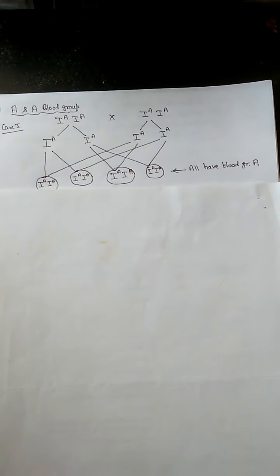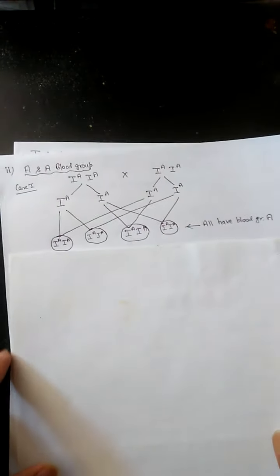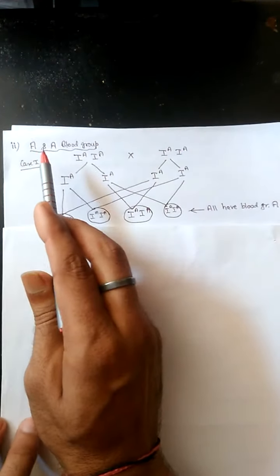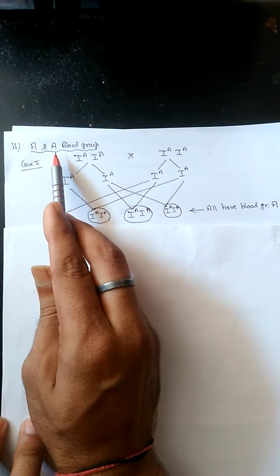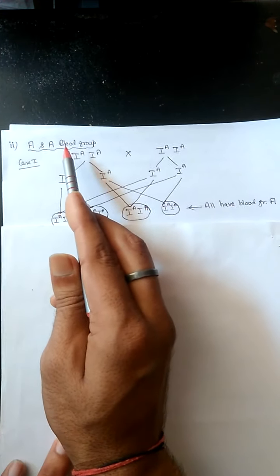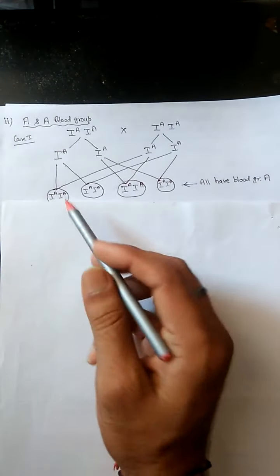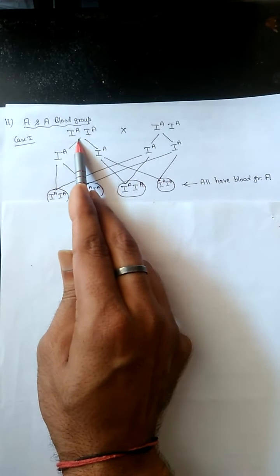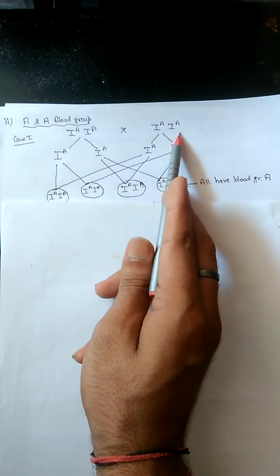In the same way, you can obtain each and every blood group by crossing between each and every blood group. Now, the next case is the crossing between a parent of A blood group and another parent of A blood group, meaning the father and mother both have blood group A. In case 1, both parents may have the same alleles, IA IA and IA IA.